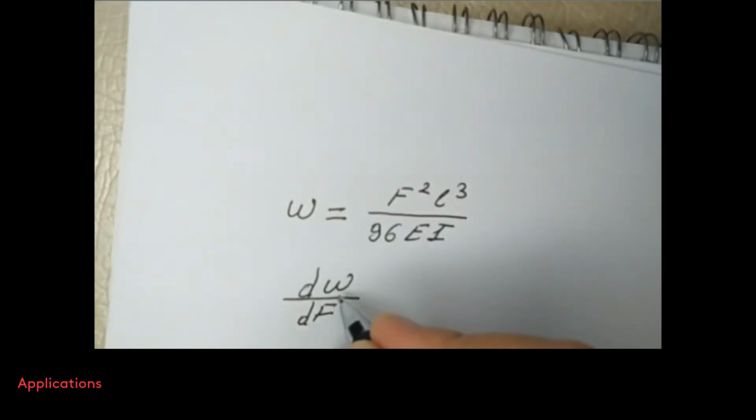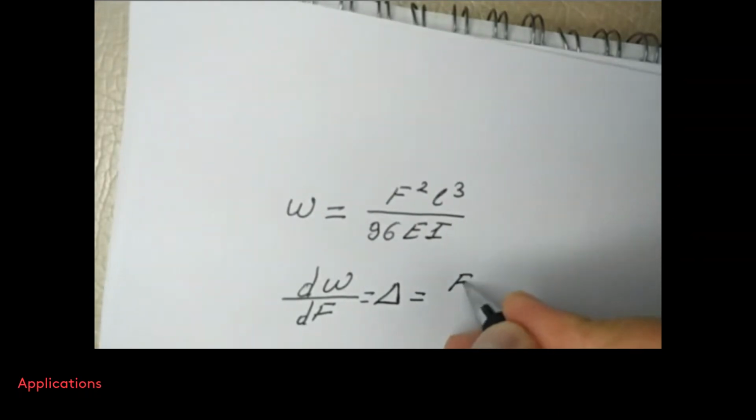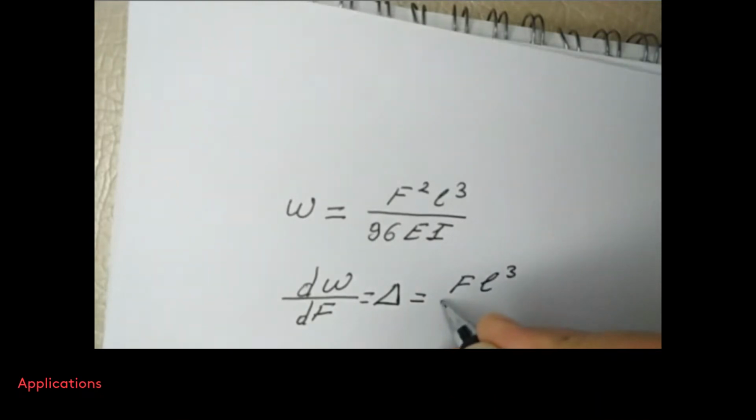From here we will find the deflection as F L cubed divided by 48 E multiplied by the bending moment of inertia.